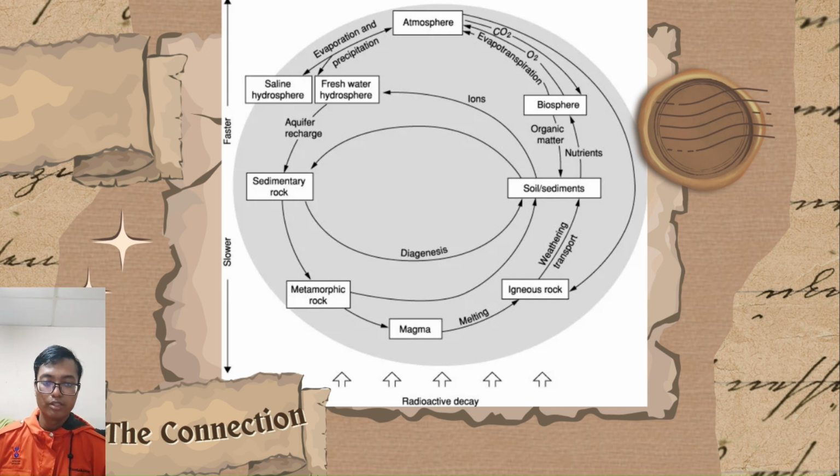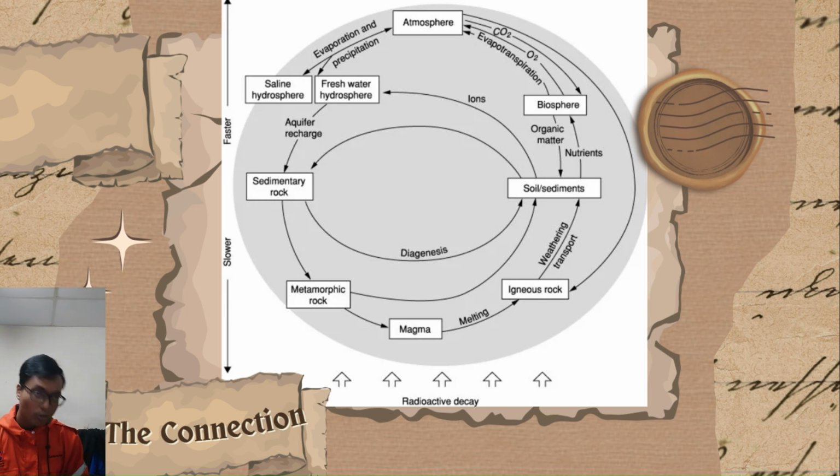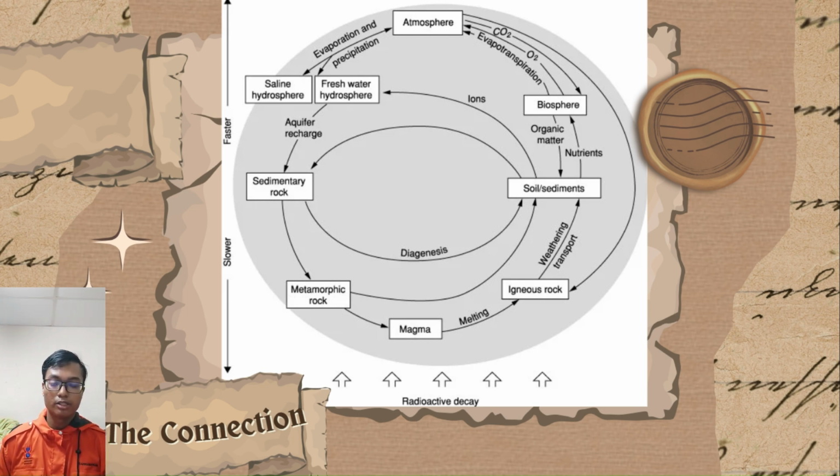Before we go more specifically to those 3 that I mentioned earlier, we need to know the connection between these processes. As you can see from the slides, we can see how this diagram connects each of the spheres to each other through geochemical processes.